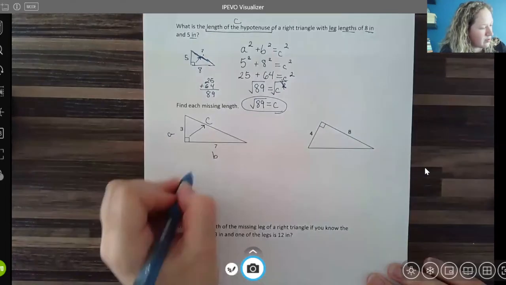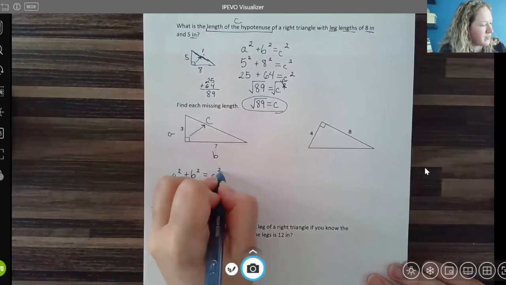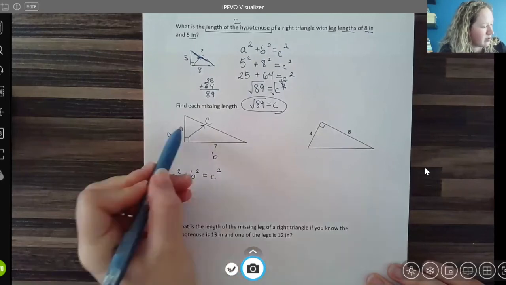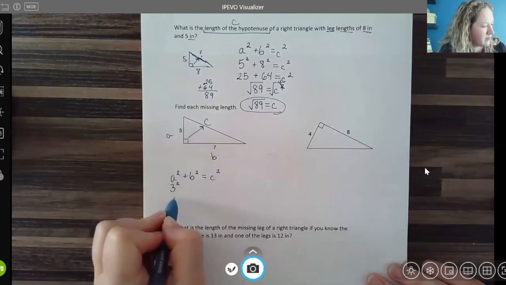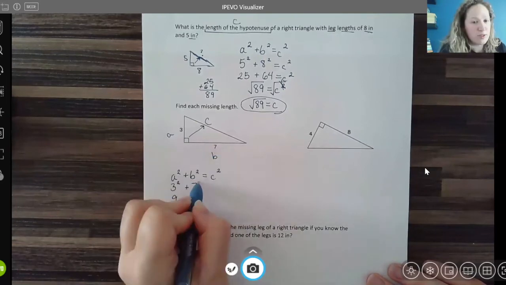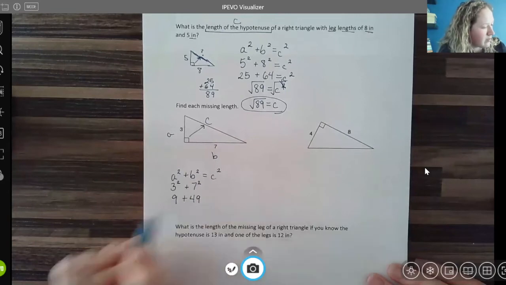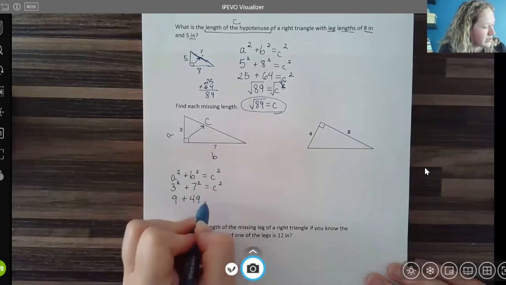A squared plus B squared equals C squared. So my a squared, 3 squared is 9. My b squared, which is 7 to the power of 2, that would give me 49. And this equals my c squared.